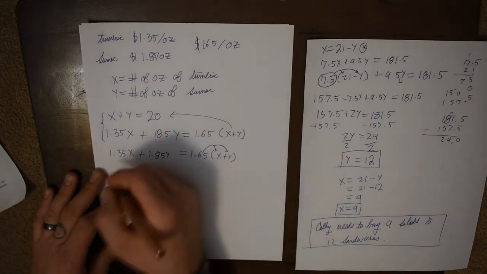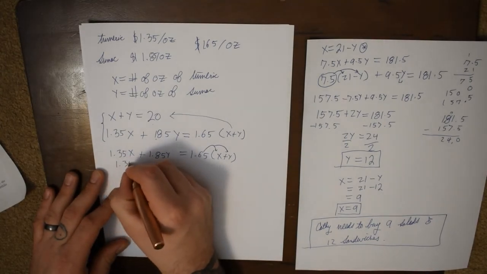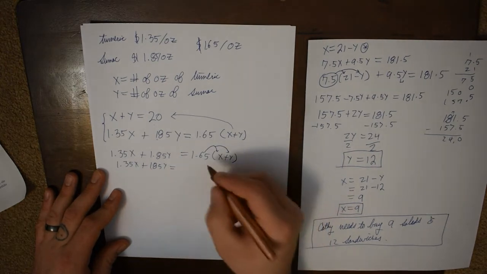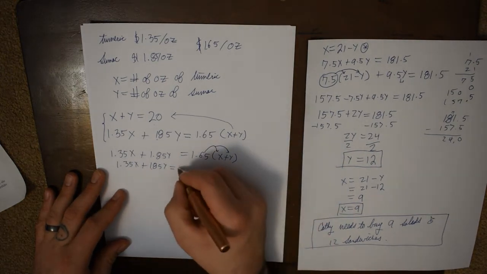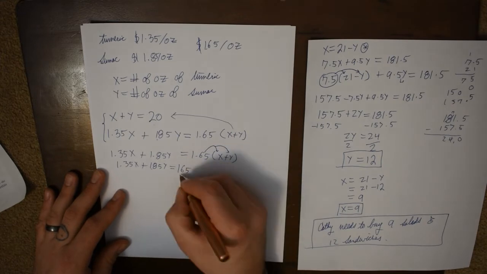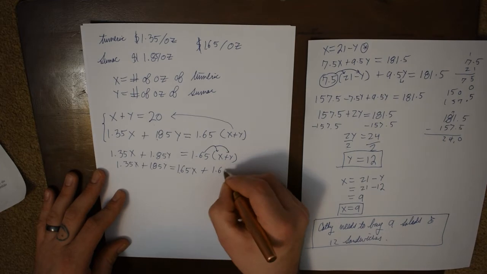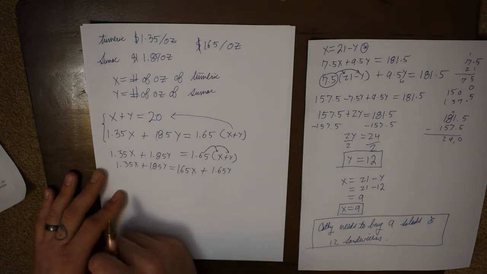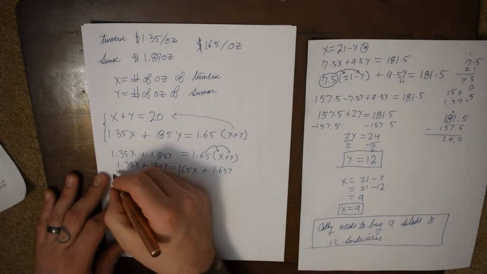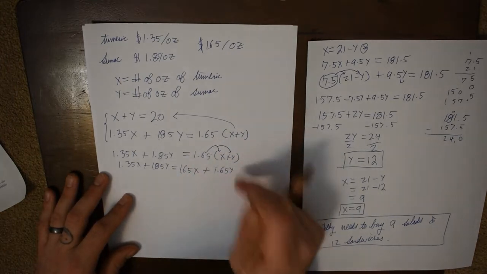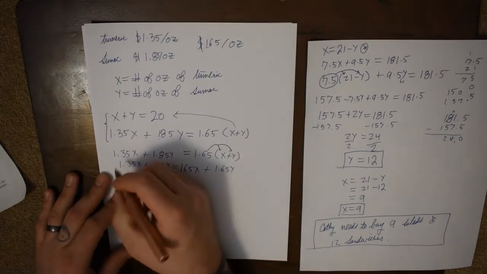So working with this bottom equation, we still get 1.35x plus 1.85y, but that's going to be equal to 1.65x plus 1.65y. I'm going to gather some like terms, moving all my x's to the right hand side and all my y's to the other.